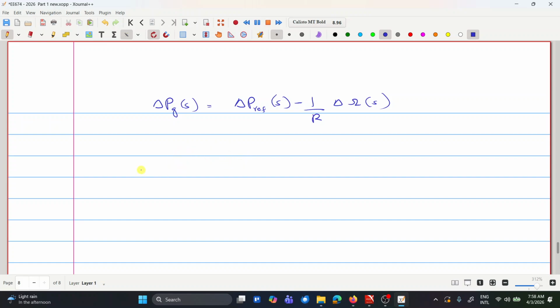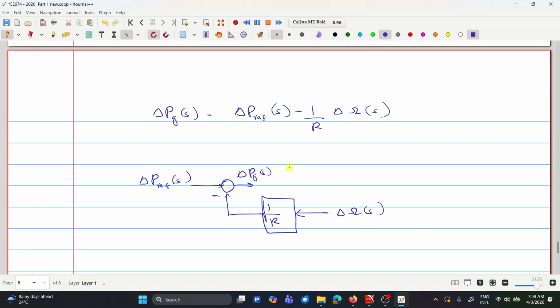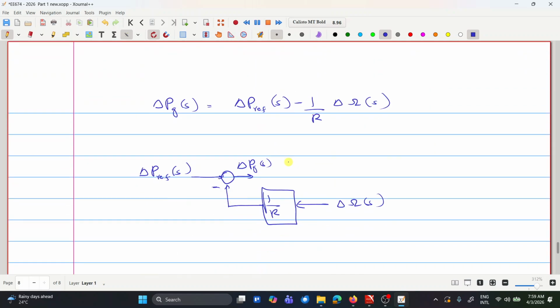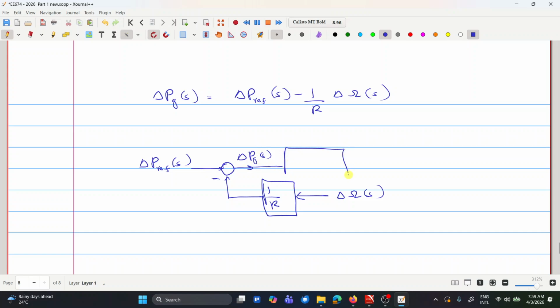okay, so that can be modeled as, you have your reference power input, minus the 1 over R delta omega(s), right, that will give you the delta Pg(s), and then considering this equation, that times the 1 over 1 plus tau g s will give you the delta PV(s), right.